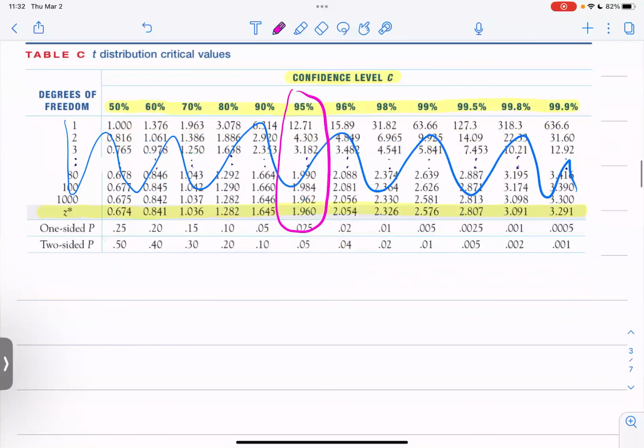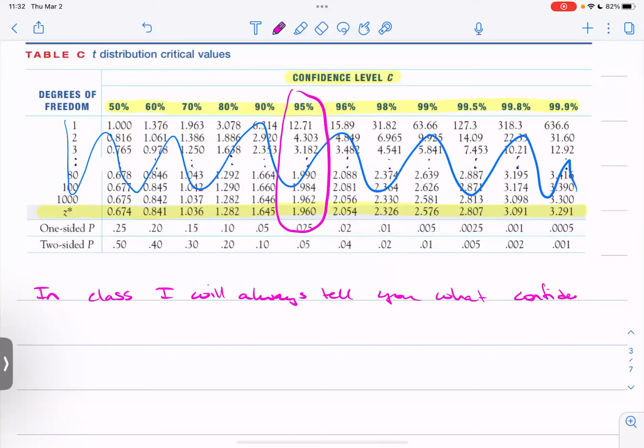Okay, so in class, just to write out what I just said, I will always tell you what confidence level to use.